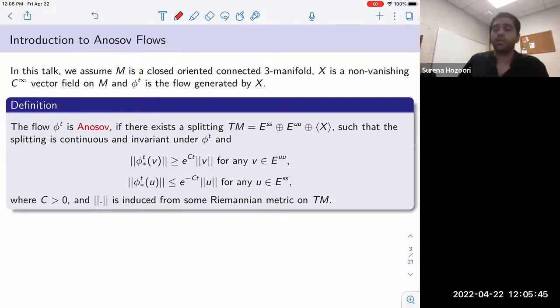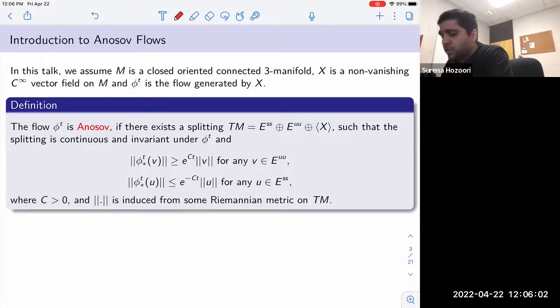They were introduced in the early 60s by Dmitry Anosov. The flow phi is called Anosov if there exists a splitting of the tangent space of the manifold into 3 line bundles, E^s, E^u, and X, which is the direction of the flow, such that the splitting is continuous and invariant under phi.